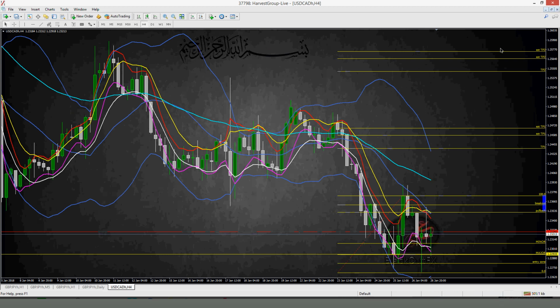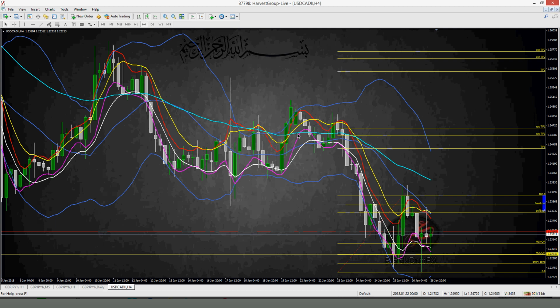Keep on losing the box. Okay, so in my opinion, I would look for a sell opportunity for GJ, and I would look for a buy opportunity for USD CAD when the market opens.